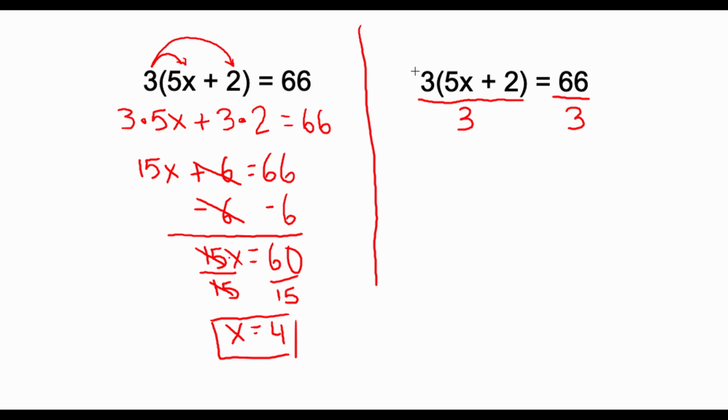So literally, this 3 that multiplies will make these two terms 3 times greater, but then the 3 that divides will make them 3 times smaller again, so giving back the same result. So anytime you have a coefficient that's multiplying, you can divide by the coefficient, in this case canceling into a whole, leaving you with the expression all alone without the 3 in front. So it's 5x plus 2 equal to, and then 66 divided by 3 will give us 22.